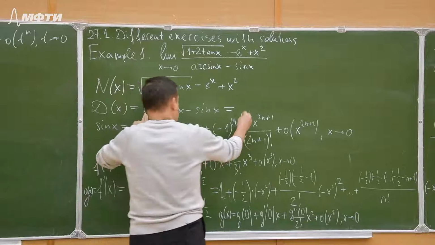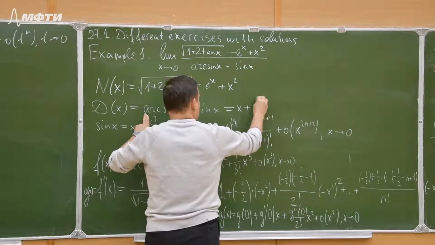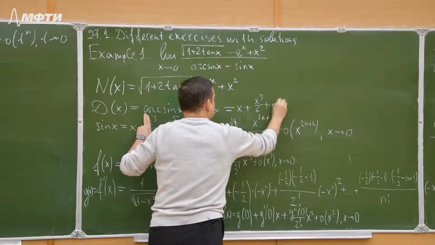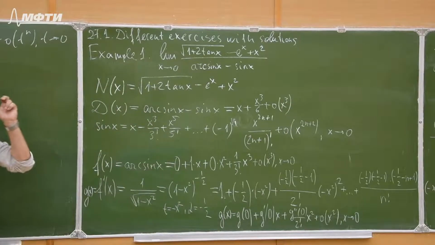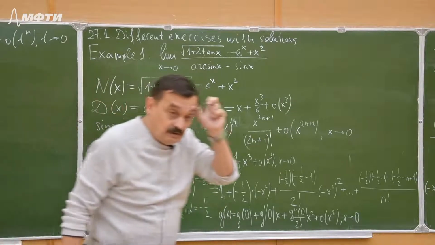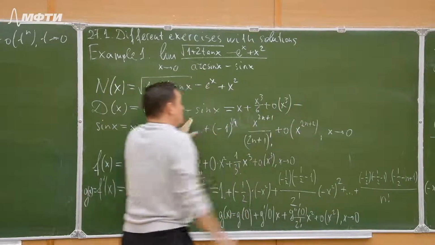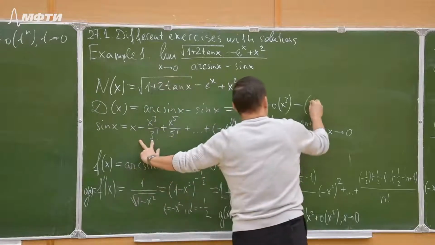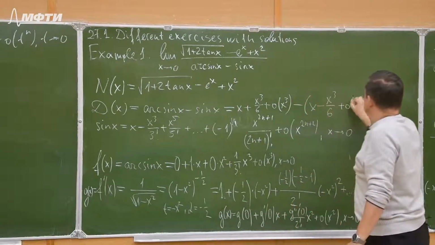And now it's clear we were perfectly right in deciding to stop on cubic. Minus, substitute sine x: x minus x cubed over 6 plus.